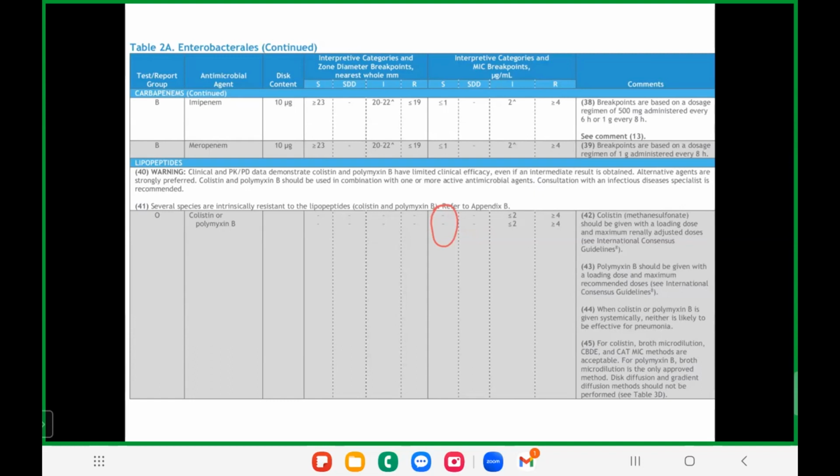So polymyxin B and colistin should always be combined with another drug. You cannot give monotherapy of polymyxin B or colistin. That's why they removed the sensitive breakpoint for colistin. Even if it's less than 0.5, say 0.25, they give it as intermediate only because you should not give it as monotherapy.